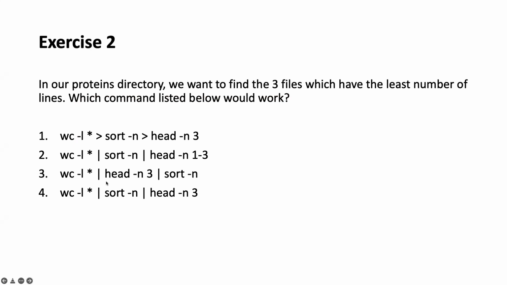Yeah, we have this. I don't want us to try doing this in our terminals. I want us to read and just pick an option that is correct. So in our proton directory, we want to find the 3 files which have the fewest lines. Which command listed below would work?